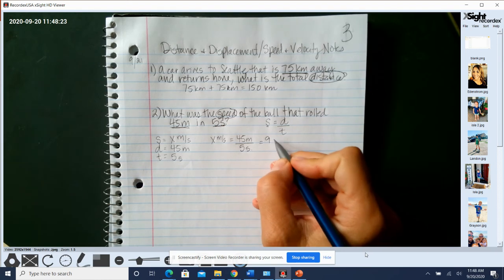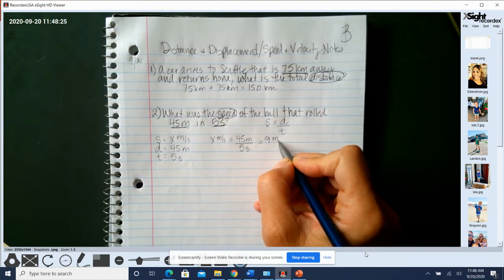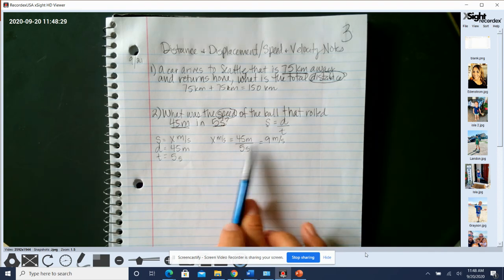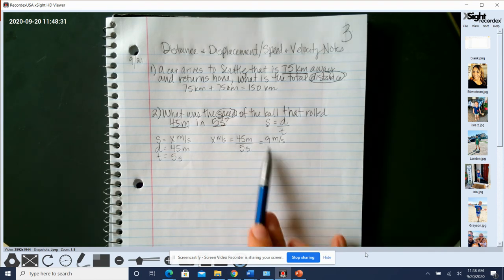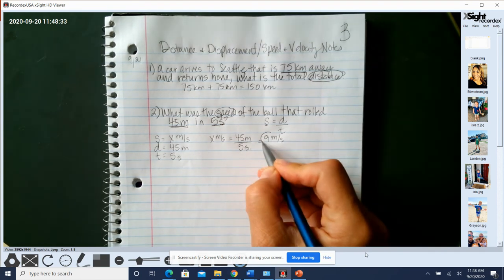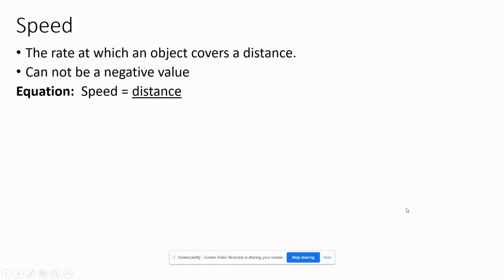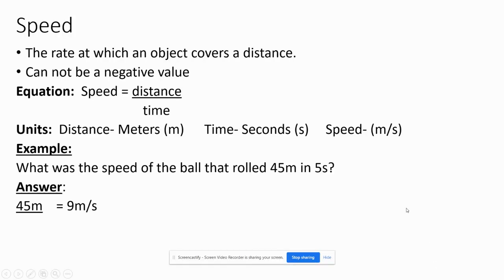So that's why they stay in the units too. It's a meter per second because nothing cancels. So they both move over as the unit that we're finding speed in. So our answer here is 9 meters per second. Okay, so let's get back down there. And there it is, 9 meters per second.